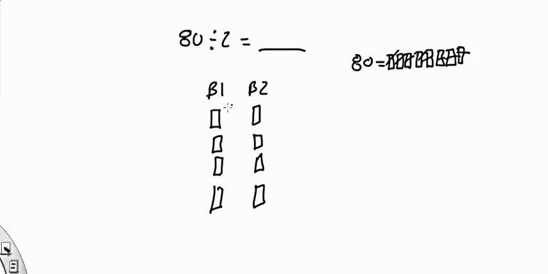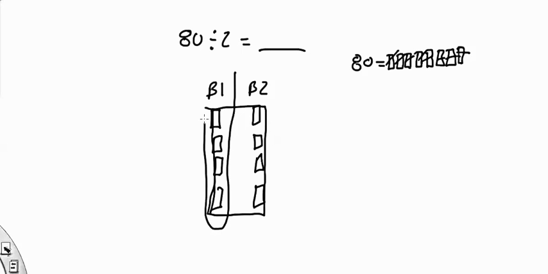So we have just created an array, and each one of these is 10. So in each basket, we have 10, 20, 30, 40. So the answer would obviously be 40.